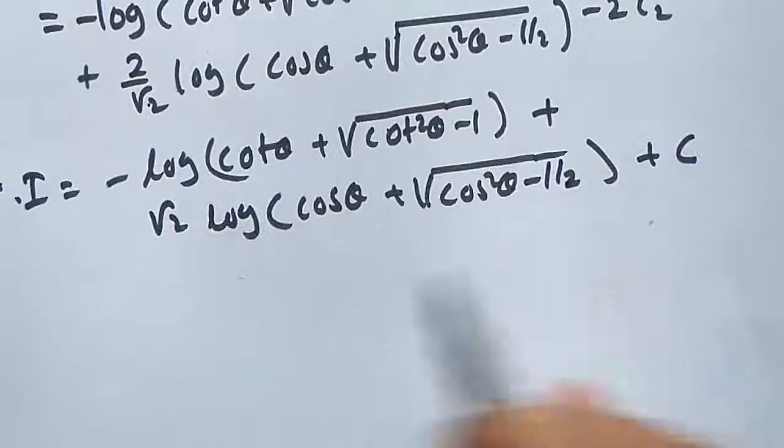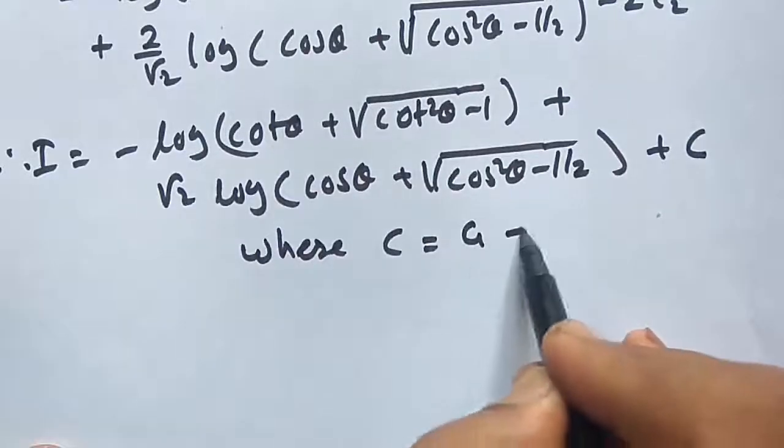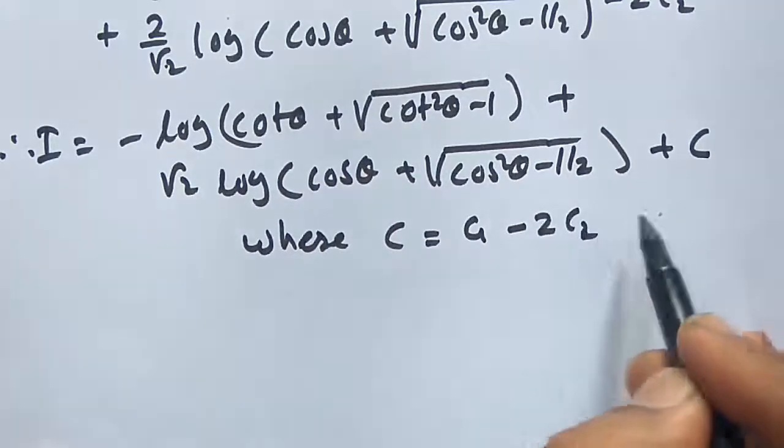I call it C, where C is equal to C1 minus 2 times C2.